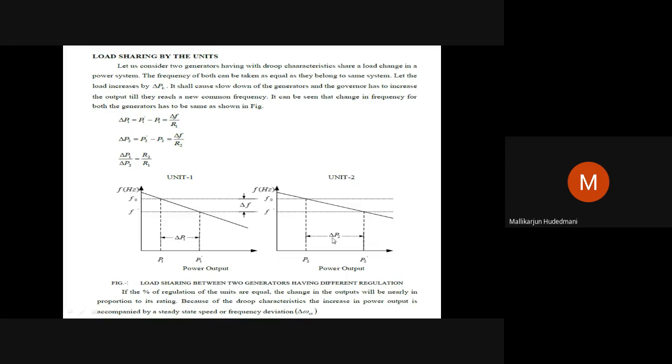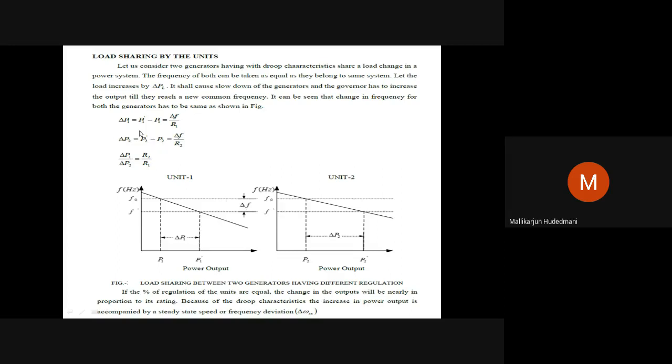Similarly, delta P2 is P2 dash minus P2, which is equal to delta F by R2. Why did you take delta F the same? Because these two machines are swinging hand in hand. The deviation noticed here is the same as the deviation noticed here. Therefore, delta F by R1 is the expected correction in the supplement of power in machine 1, and delta F by R2 is the corrected shift in the supplement of power in unit number 2.